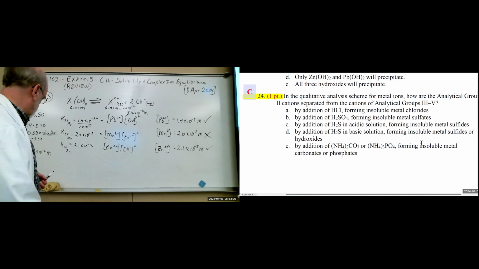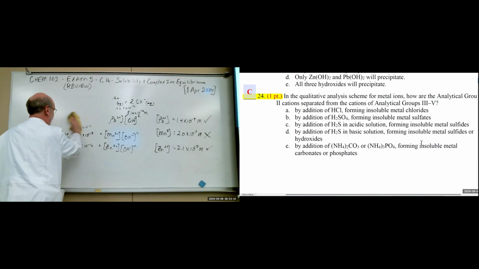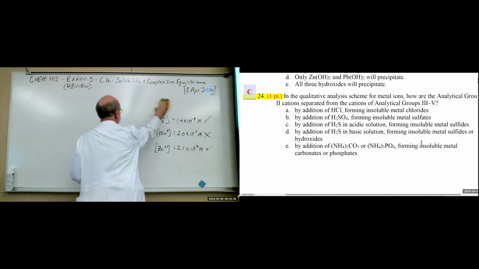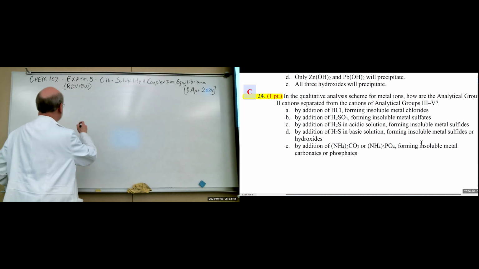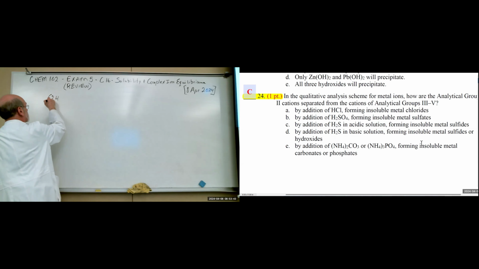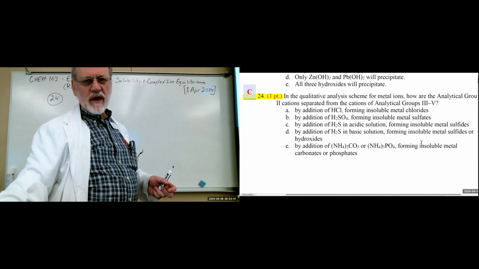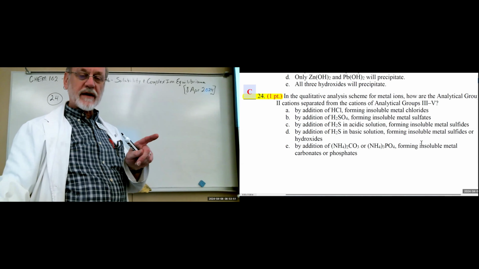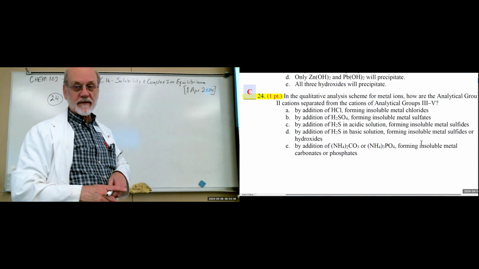Oh, this is an easy one, 24. We need, well, let's see, in the qualitative analysis scheme for metal ions, our analytical group 2 cations separated from cations of analytical group 3 through 5.